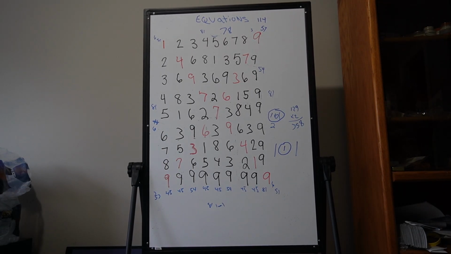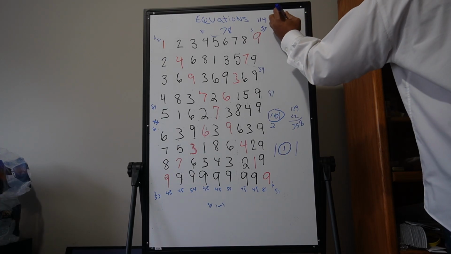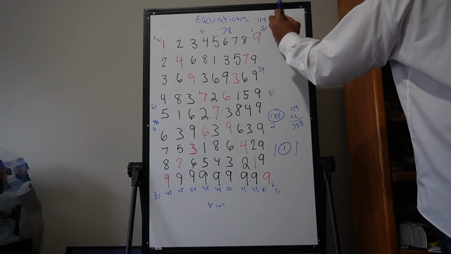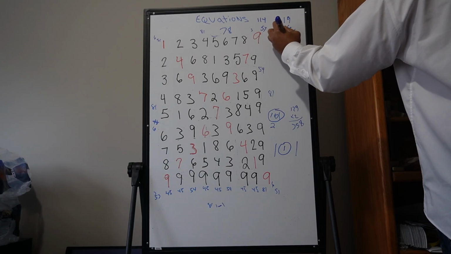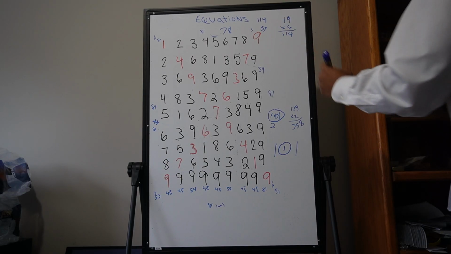So, back on the Son of Man. On a 101, when you're looking at the 114, 19 times 6 equals 114.